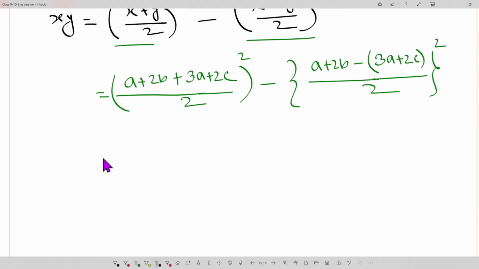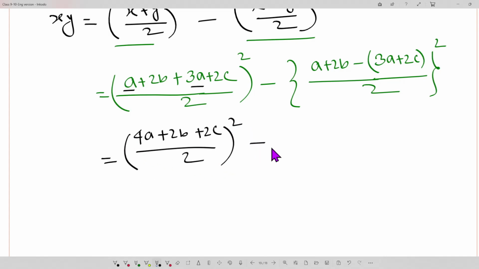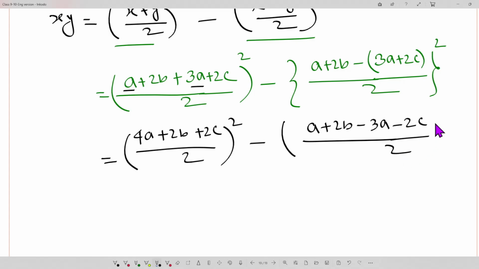Now a plus 3a is 4a plus 2b plus 2c divided by 2 and then square minus. Same thing in here, here is a plus 2b minus 3a minus 2c divided by 2 square.